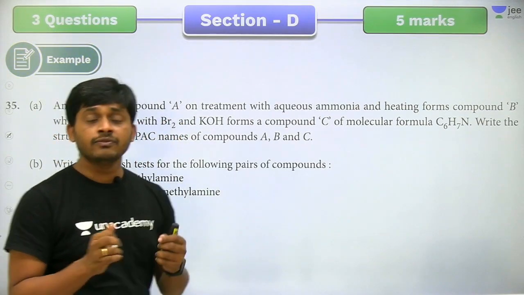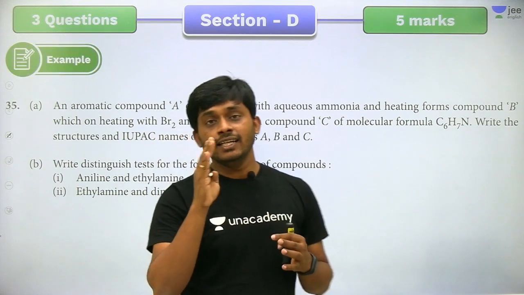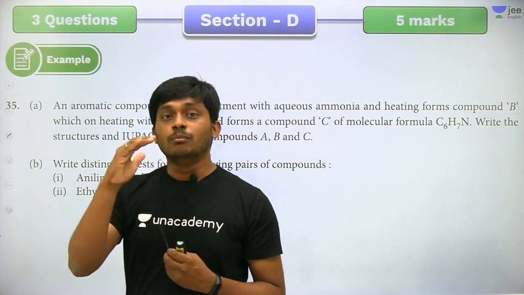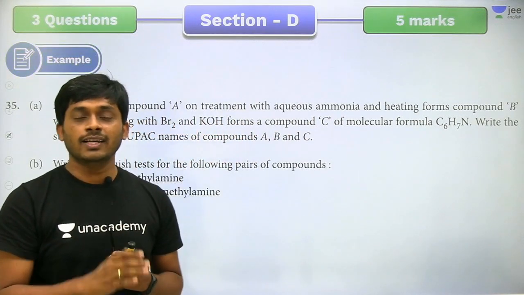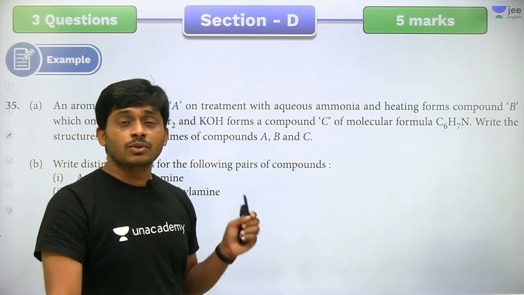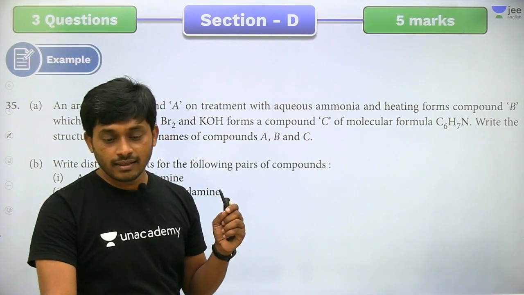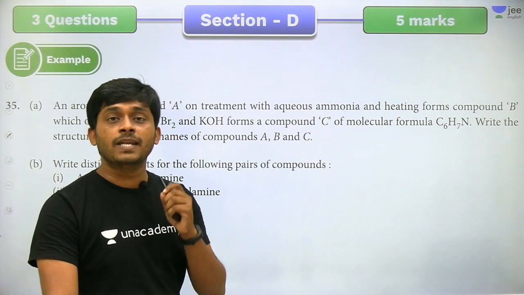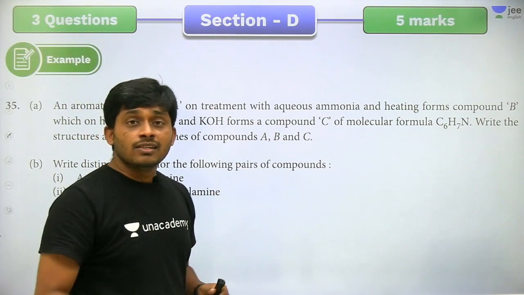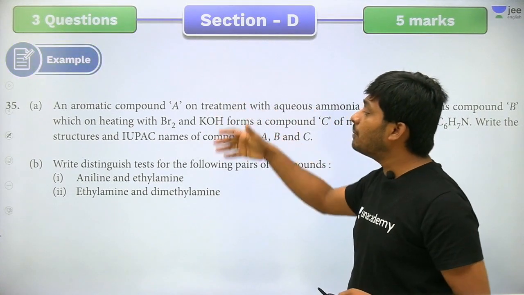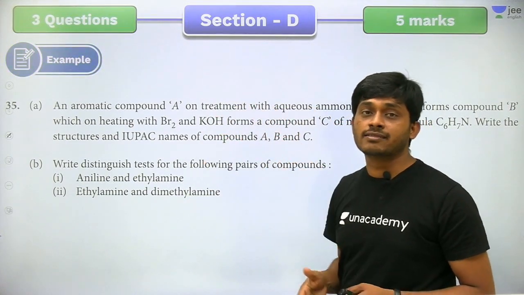So you can give 45 minutes, not more than 1 hour, so don't spend too much time. 45 minutes is the optimum time, because in 5 marks they are also asking A, B, C different bits.